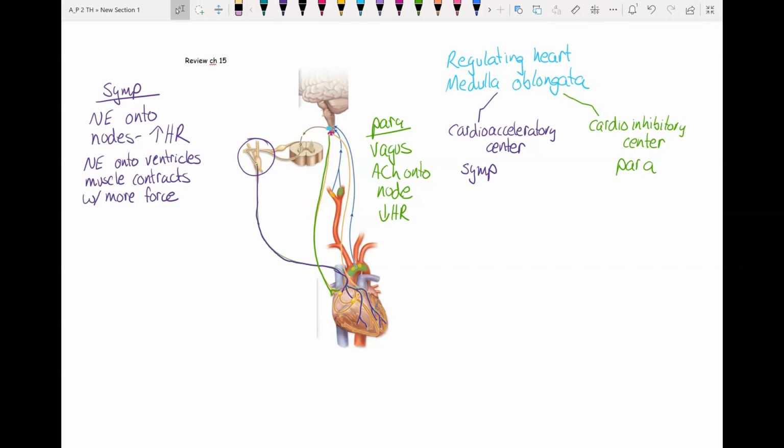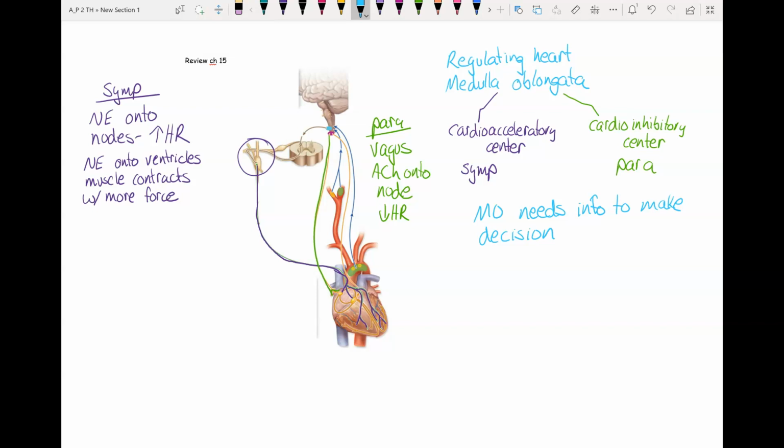So in order to make this decision, your medulla oblongata needs information. So let's think about what kind of information it would base this decision on.